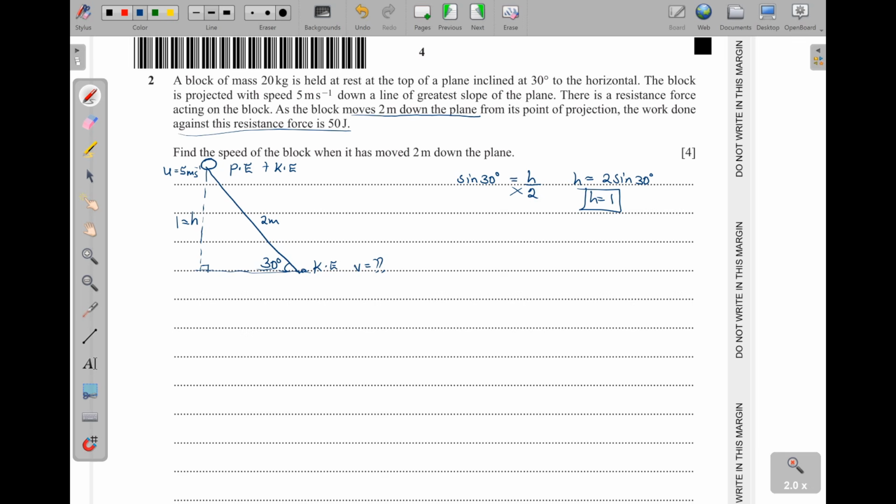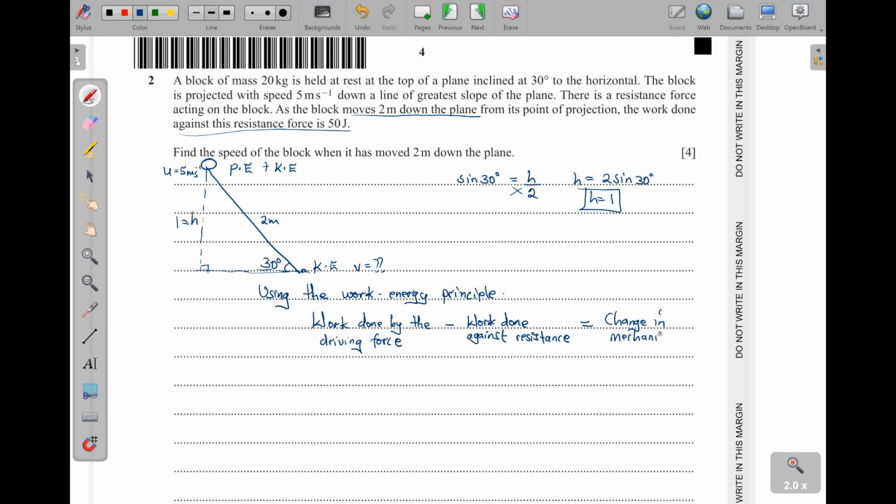Then, after that, I can now use the work energy principle, which states that work done by the driving force minus work done against resistance is equal to the change in mechanical energy.